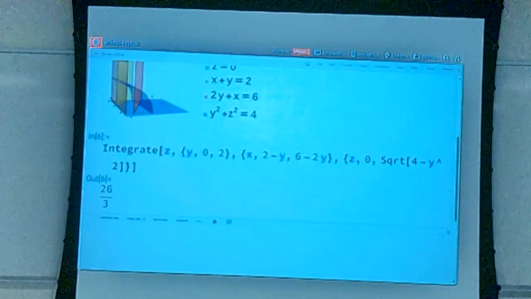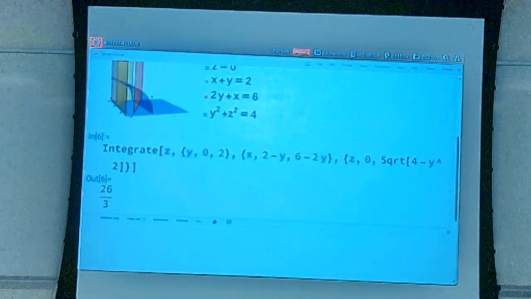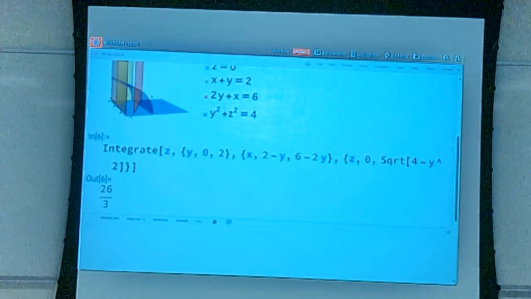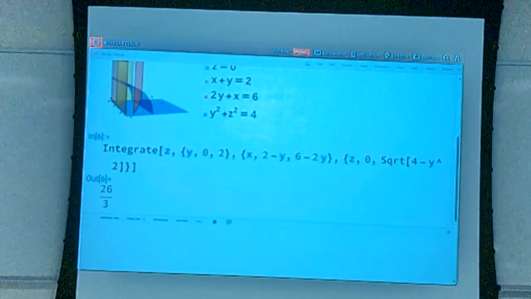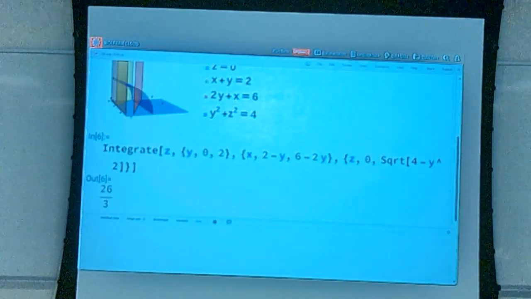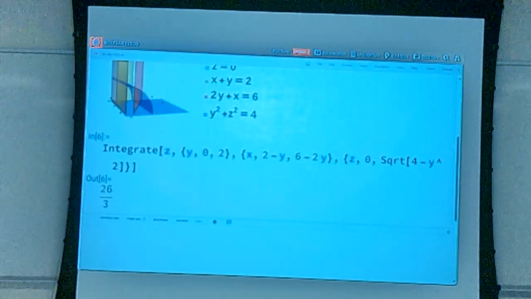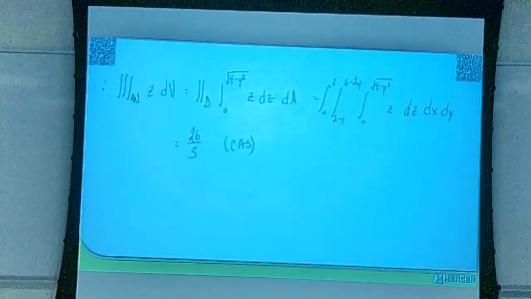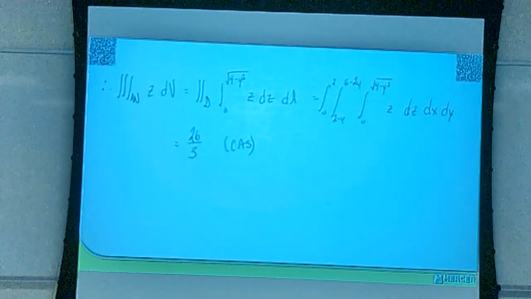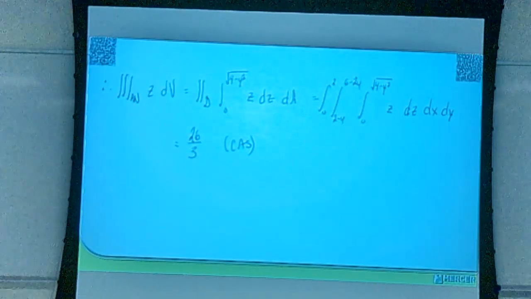So it's just whatever the integrand is, times upper limit minus lower limit. And there's that.